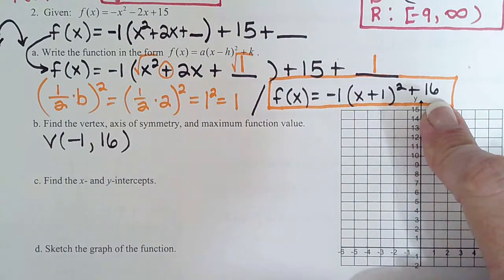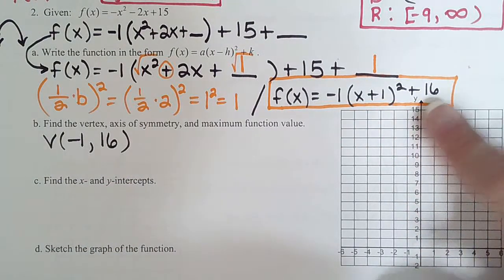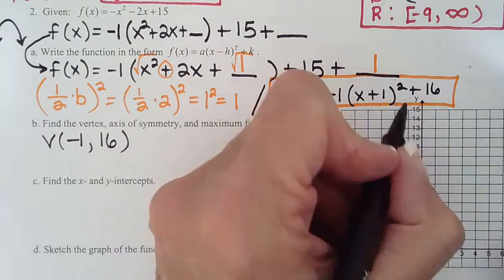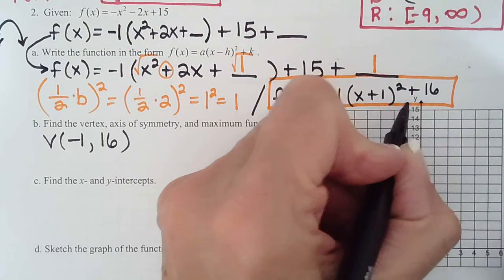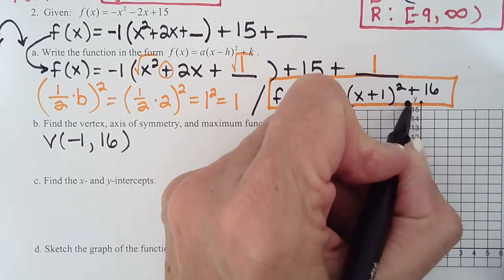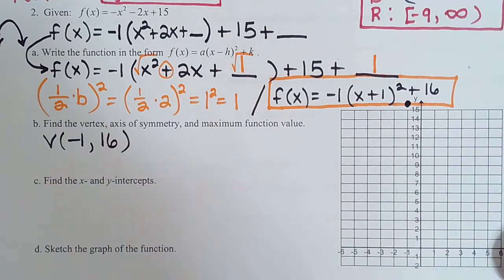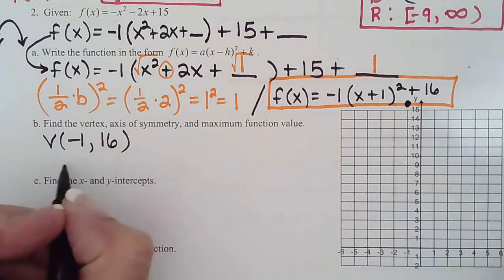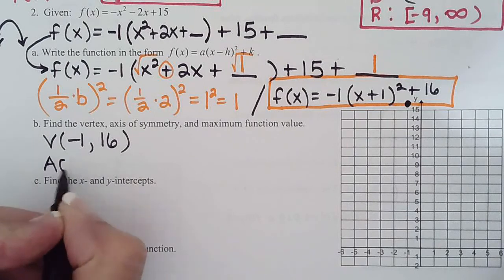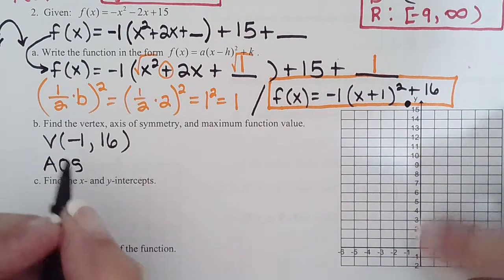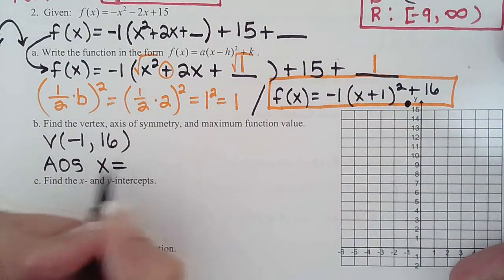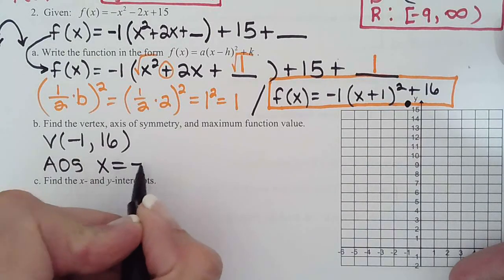So there's my vertex, -1, comma, the exact same thing that's outside, 16. So there's the vertex. Axis of symmetry is always a vertical line, so it's x equals, and I just pull the x from the vertex.